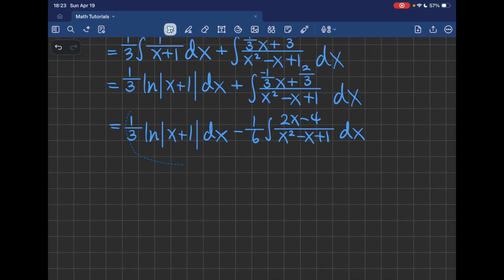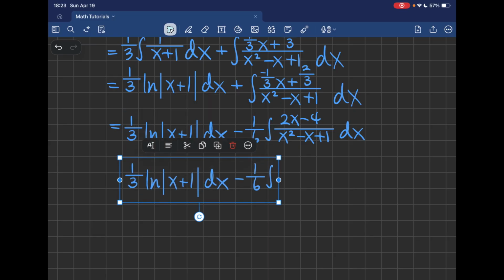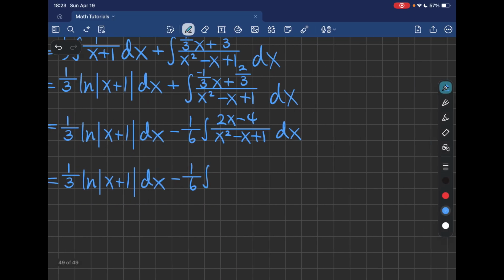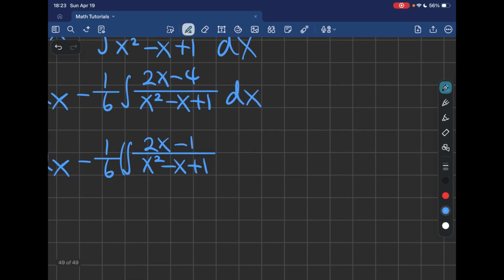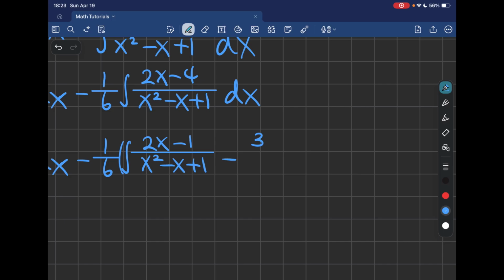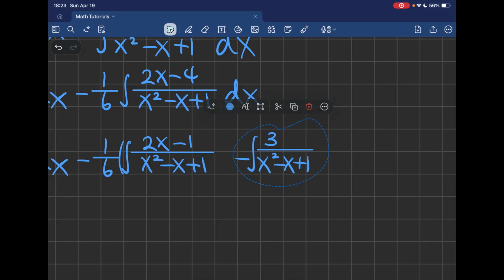So that becomes 2x minus 1 over x squared minus x plus 1, minus 3, minus the integral of 3 over x squared minus x plus 1 dx. Oh, I forgot dx.